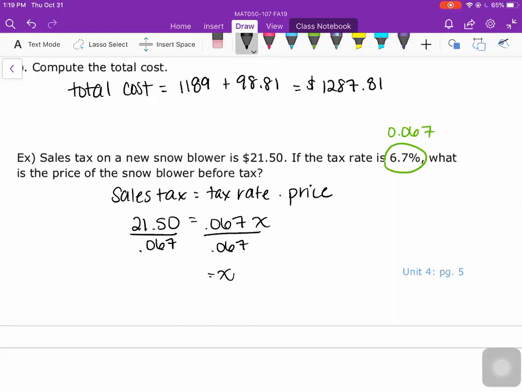What was the price of that snowblower before tax? $320.90. Again, we're always going to round to 2 decimal places when we're dealing with dollar amounts. Questions?